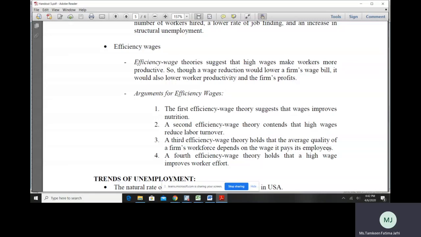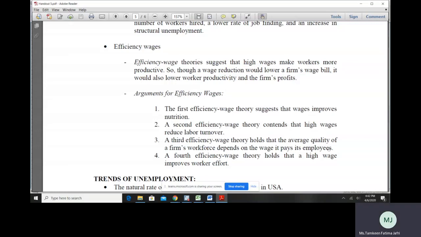So I better not indulge in such corrupt or काम चोरी वाली activities. So given this logic, workers tend to put in more effort. They want to retain their job. So they put in 100% in this particular job.